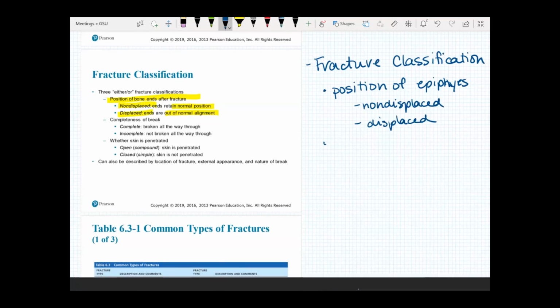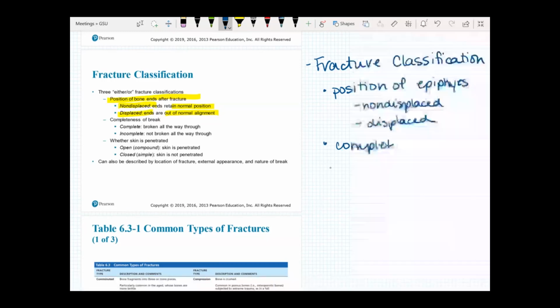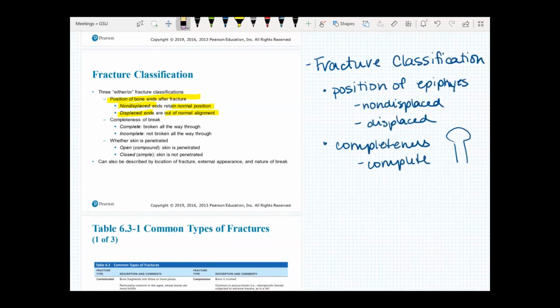Or we can classify fractures based on the completeness of the break. Essentially, how good were you at breaking the bone? If it's complete, the bone was broken all the way through.